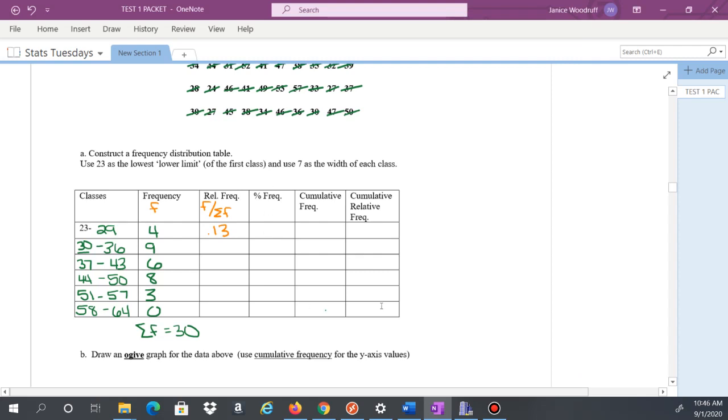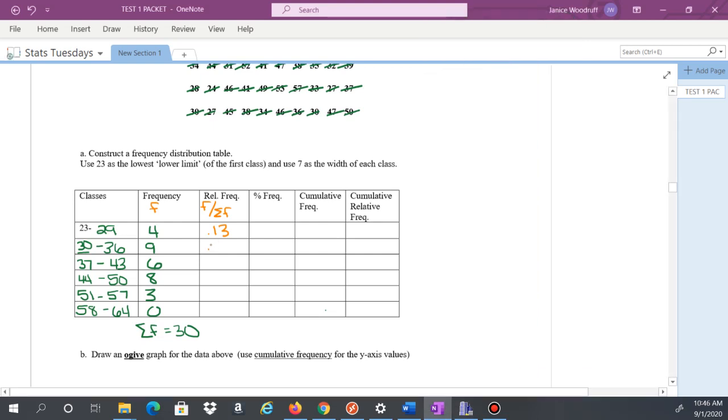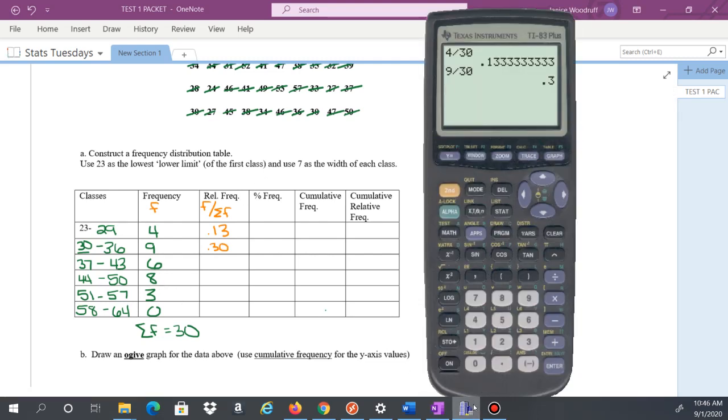Okay, then 9 divided by 30. 0.3. So go ahead and just put 0.30. Then you have 6 in the next column, so 6 divided by 30. So 0.2, you can put 0.20.